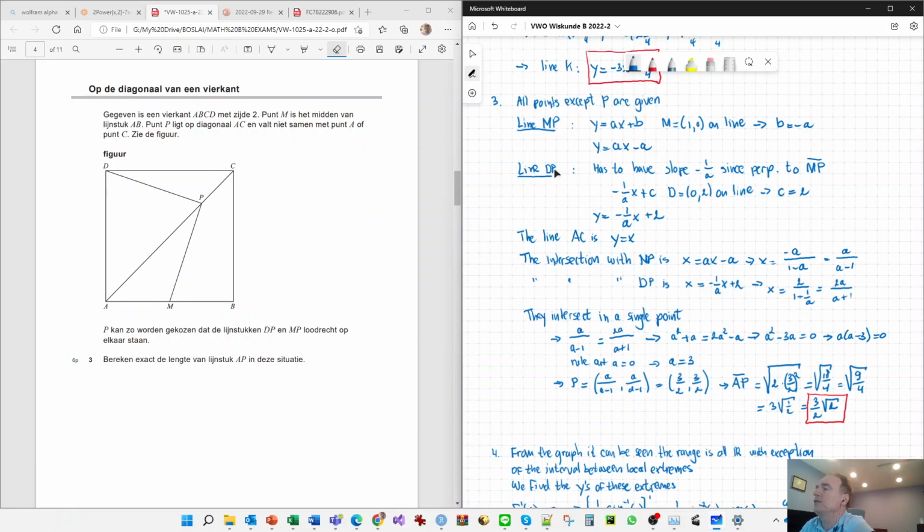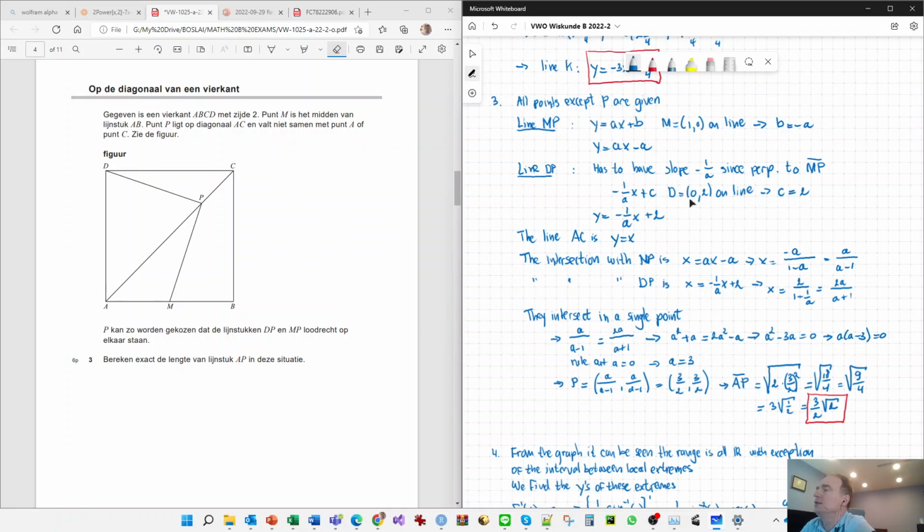And since line DP is perpendicular to line MP, we know the slope is minus 1/a, meaning if you multiply it with the slope of MP, a times minus 1/a is equal to minus 1, which is the condition for lines to be perpendicular.